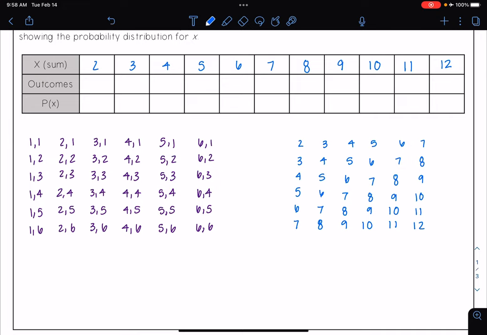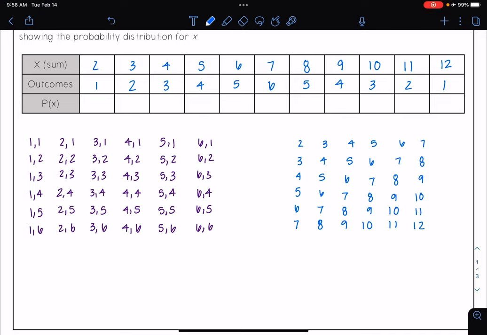So for my outcomes here, I have 1 two, 2 threes, 3 fours, 4 fives, and 5 sixes. For sevens I have 6 sevens. Eights I have 5. 4 nines, 3 tens, 2 elevens, and 1 twelve.